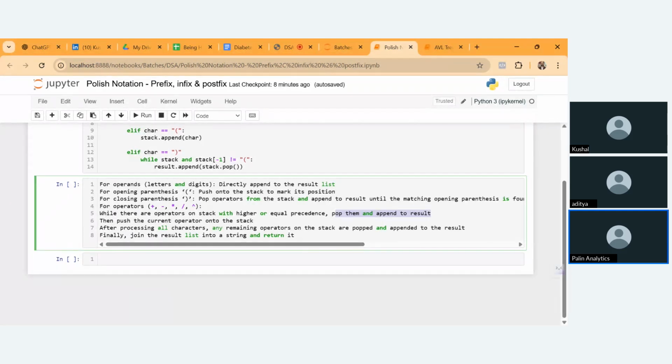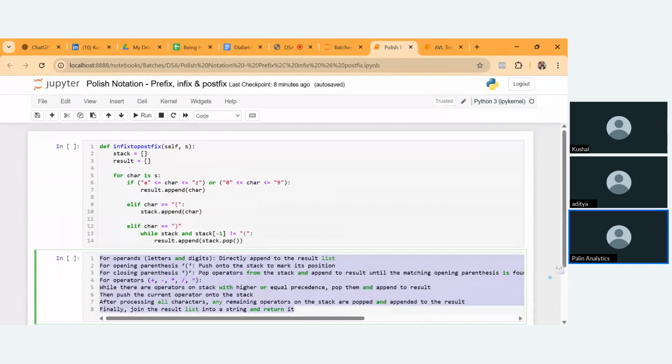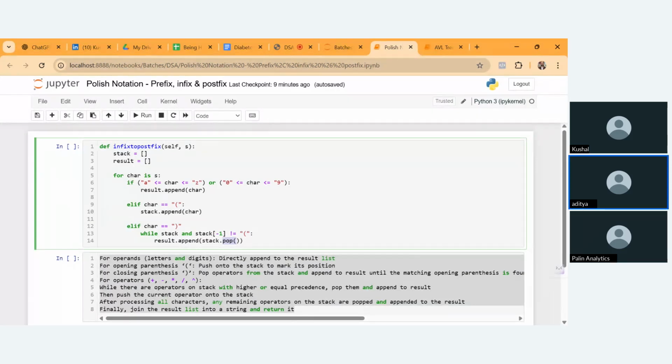Okay, just get this high level idea and try to make it by yourself, because you have already done stack. So I'm not making this push and pop program. This is basically dependent on the stack concept only.